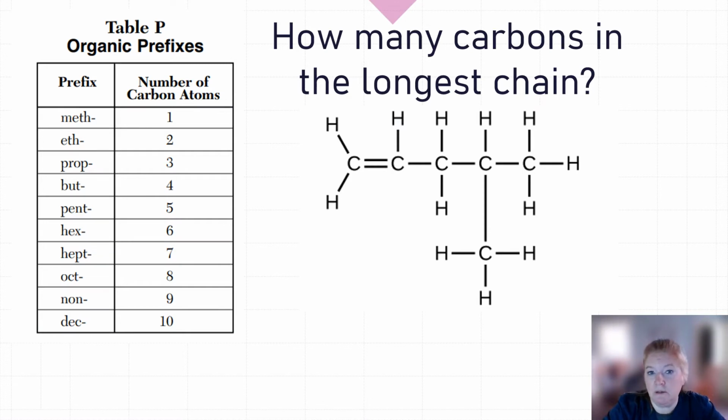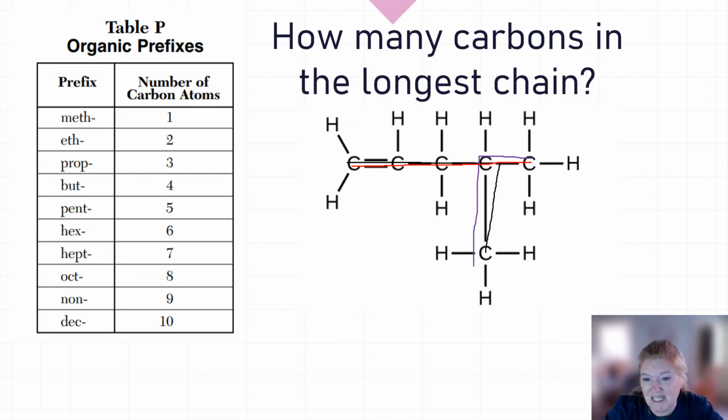How many carbons are in the longest chain here? Well, we have a lot of possibilities, right? I could go 1, 2, 3, 4, 5. Or I could go 1, 2, 3. So what's the longest?